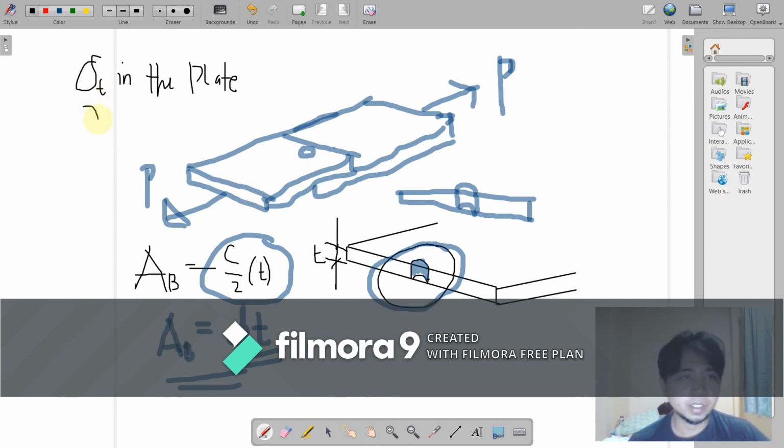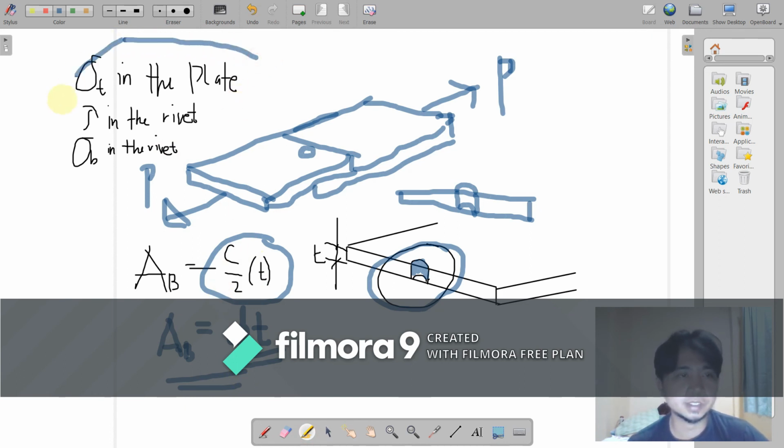What else? We have shearing stress in the rivet, and bearing stress also in the rivet. Okay, so all of the stresses we have learned are actually present in this kind of setup.